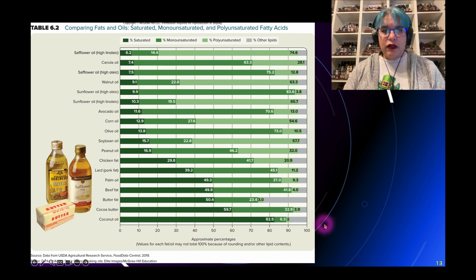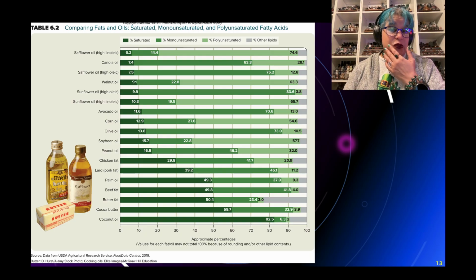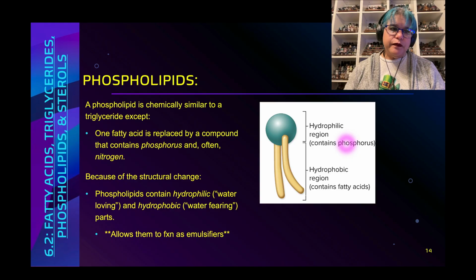And you can look at all of these and kind of gauge for yourself. One of the other ones that's really good is the sunflower oil that's high oleic acid. It's 83.6 monounsaturated. So yeah, you can gauge how much of each they have. And again, if you want the most beneficial, you're going to want monounsaturated. You'll see why as we go on.